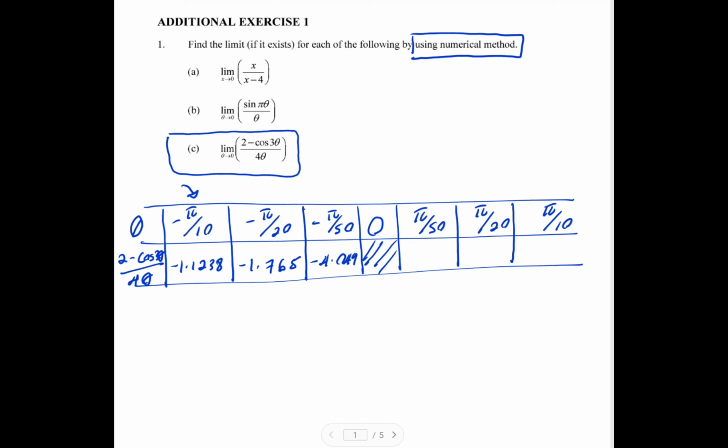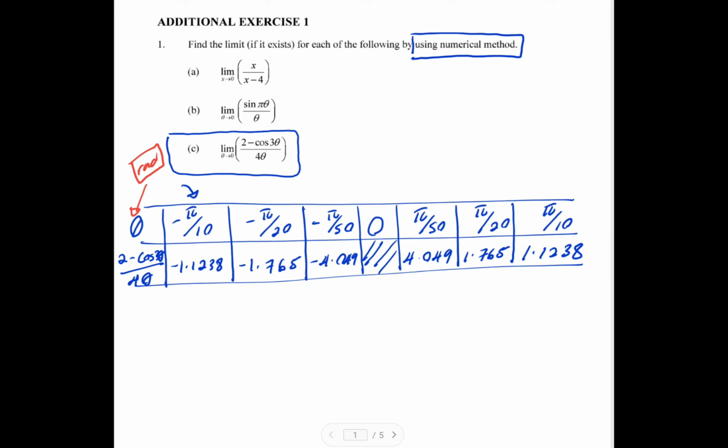Also the same thing from the right: we get 4.049 when we substitute pi over 50, then 1.765 when we substitute pi over 20, and when we substitute pi over 10, we get 1.1238. Once again, when you substitute the value of theta, make sure your calculator is in radian mode, not degree.